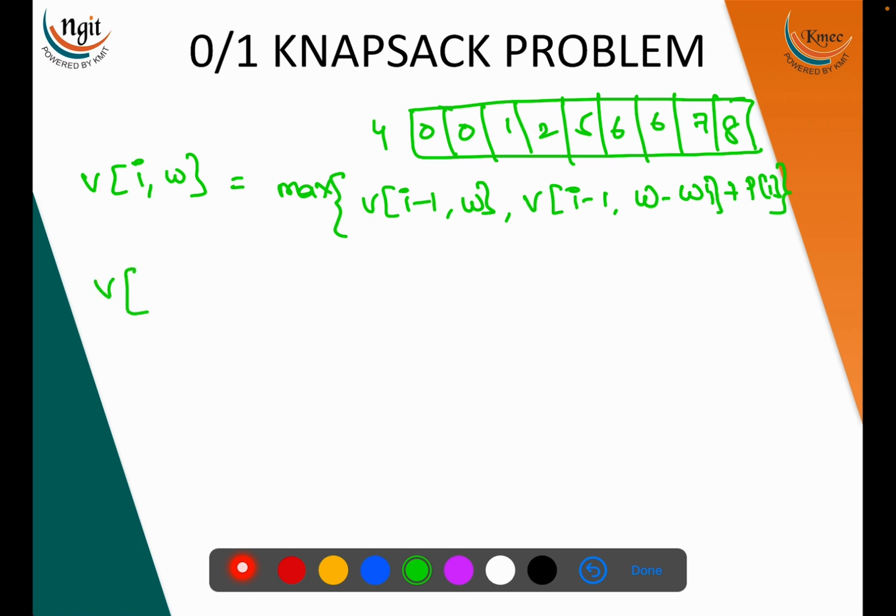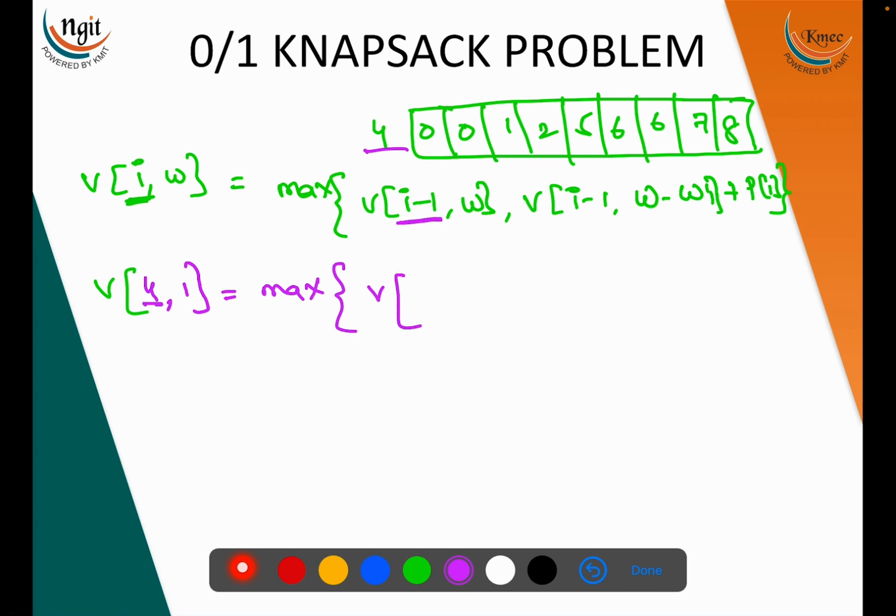Now i is what? The item you want to place. So item is what? 4. W is what? The weight. Now I am taking weight which is 4 comma 1. Now max is max of V of i minus 1.